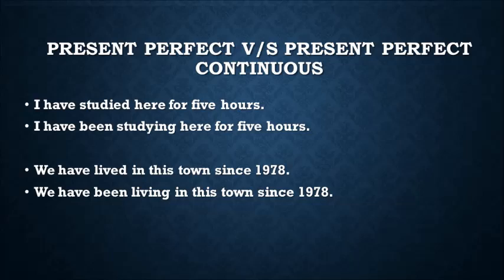Complete action. Now the next one, I have been studying here for 5 hours. That means the action is still going on. I started studying here 5 hours ago, the action started in the past, but it is still continuing in the present.